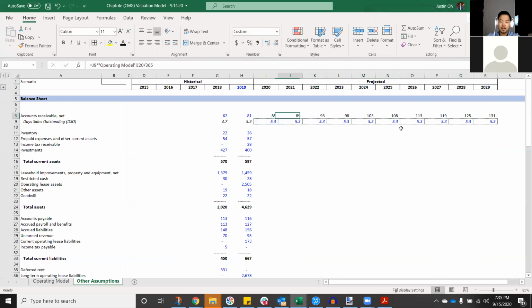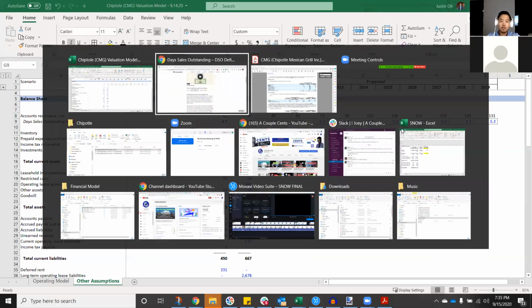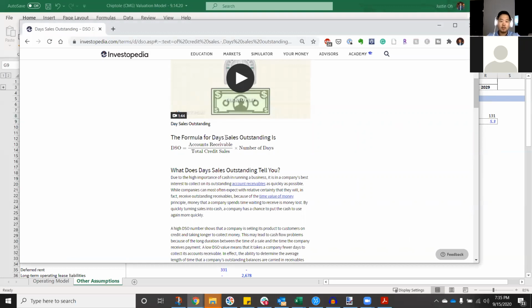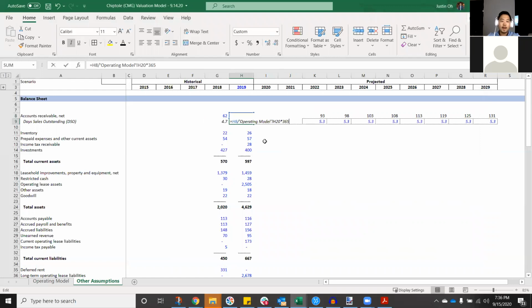Do you understand that though? Basically, days sales outstanding is a formula. You can look it up, days sales outstanding or accounts receivable days. It tells you how many days it's taking them to get the money once they've sold something. Then we project days sales outstanding going forward.